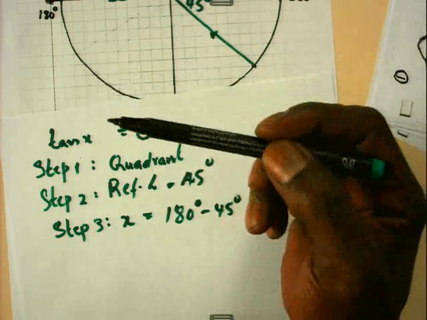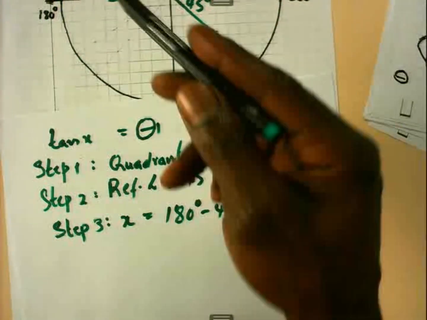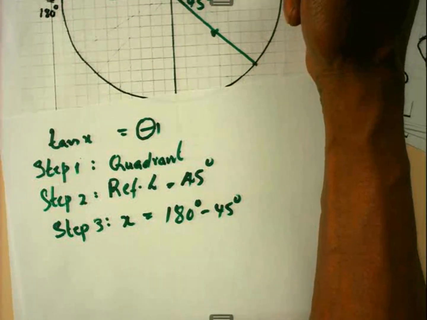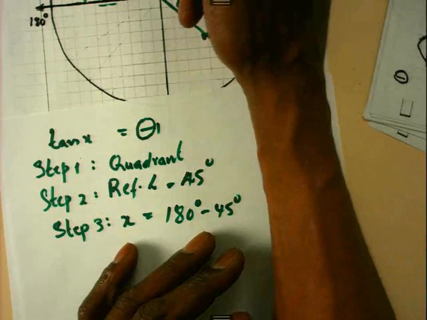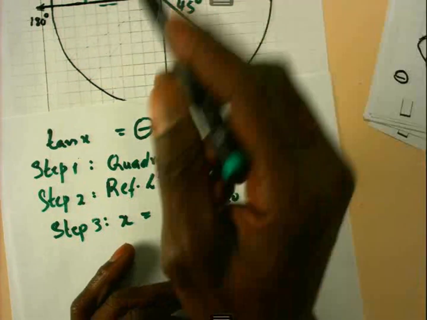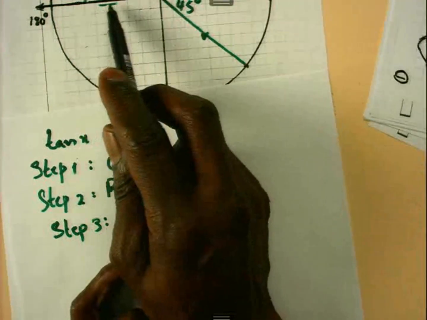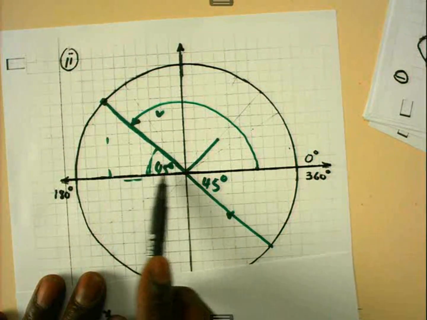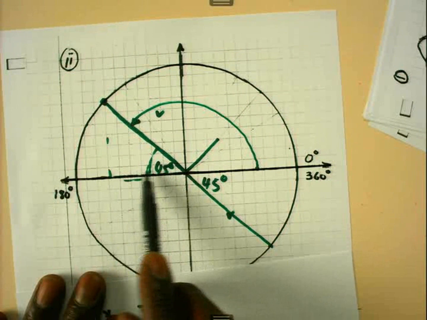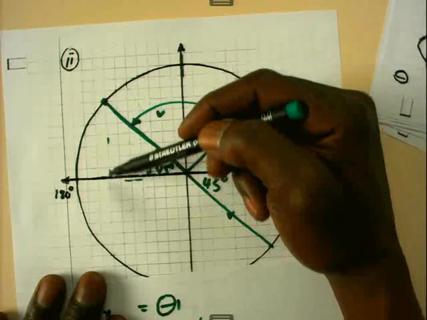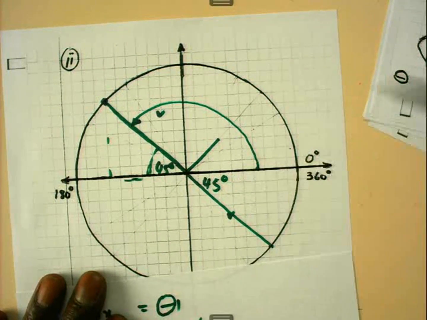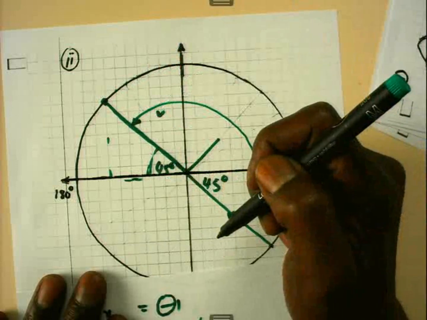What makes tan negative in the second quadrant is that the opposite side corresponds to the y values, which are positive, and the adjacent side corresponds to the negative x values. A positive value divided by a negative value gives a negative value, which makes tan negative in the second quadrant.